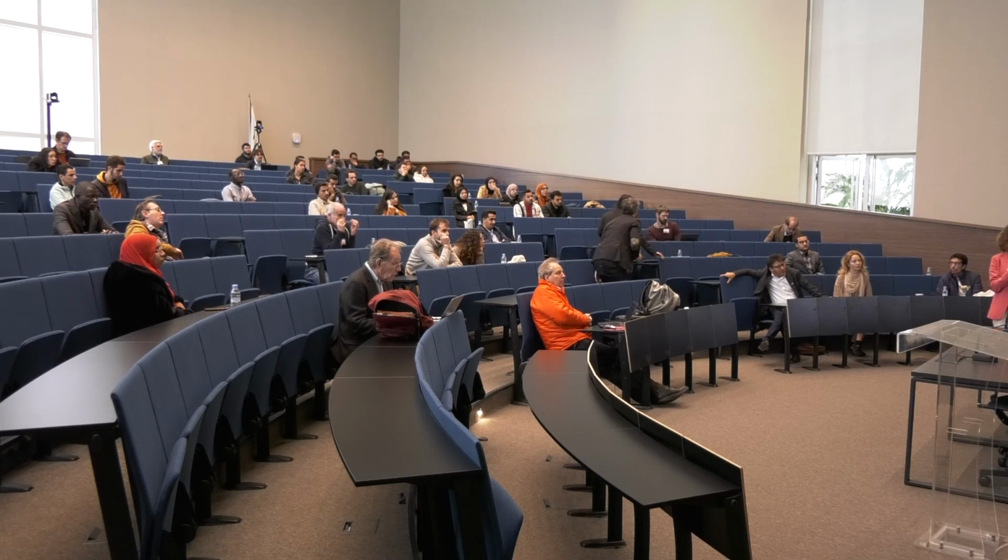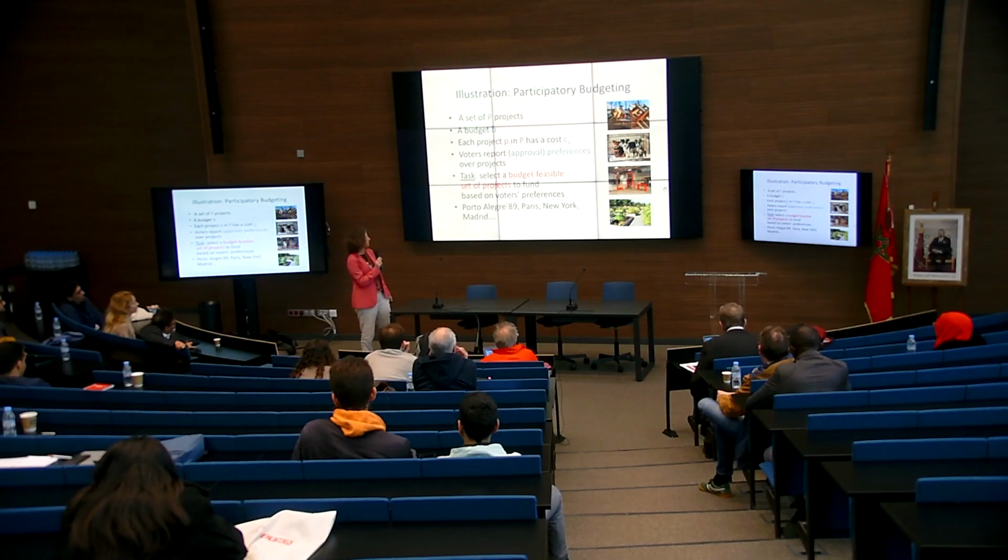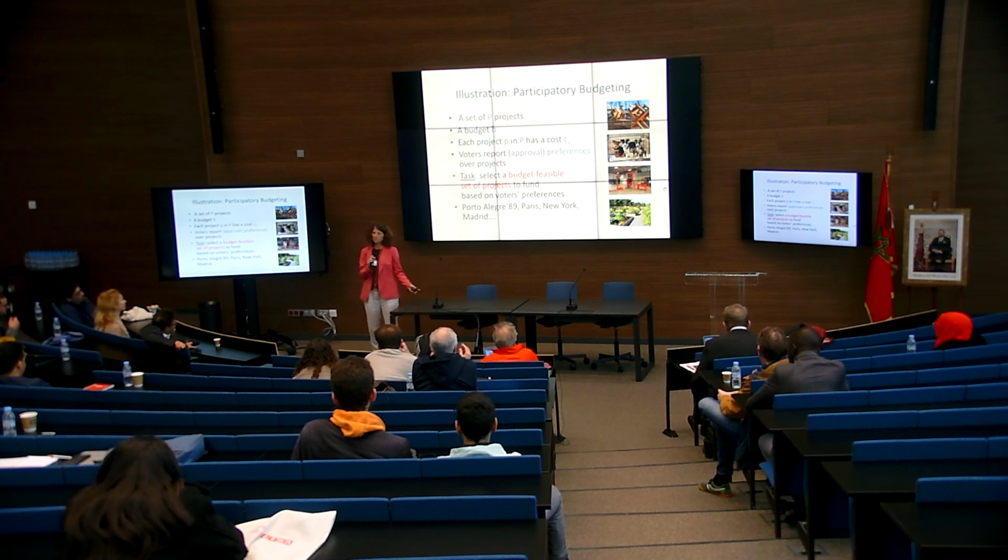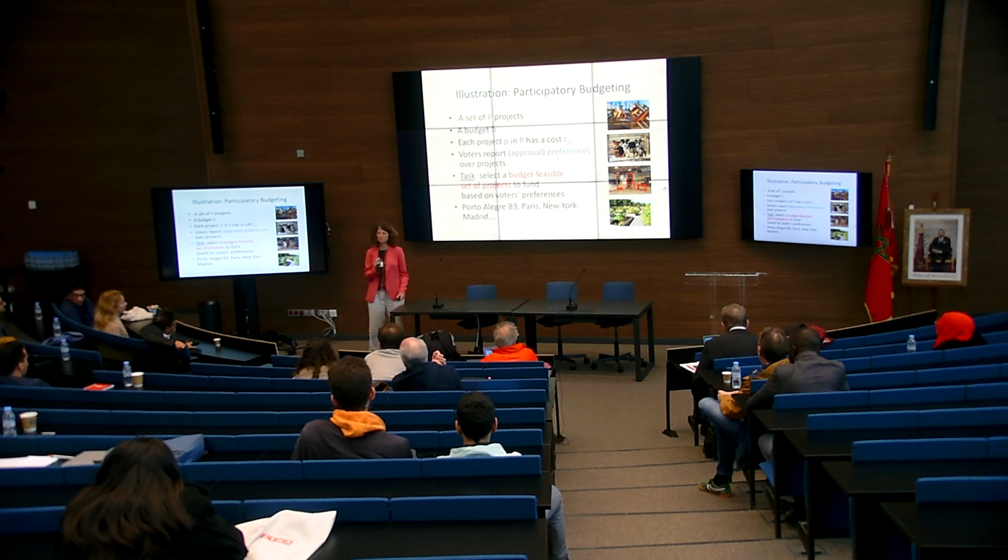Examples of projects would be a new playground, improving a homeless animal shelter, contributing to training of firemen, or a communal garden. These are all real projects from around the world. There's a small budget, not the entire local council budget, but a small amount of money to be spent on these activities. And each project, of course, has a cost, and these projects can be very different in cost. So there are costs, and there's a budget.